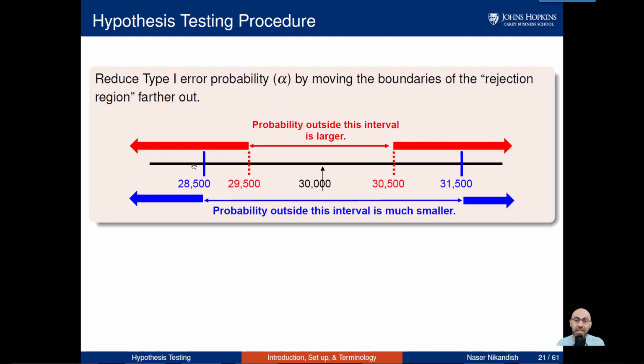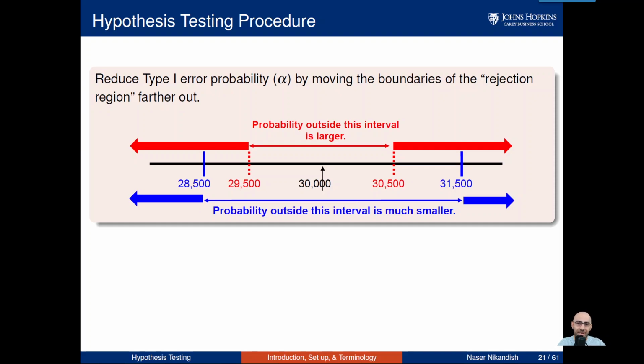So this gives us an indication that the red one has a larger type 1 error, right? Why is that? Because for the blue one, the rejection region boundaries are far from each other, and we are going to reject less frequently.